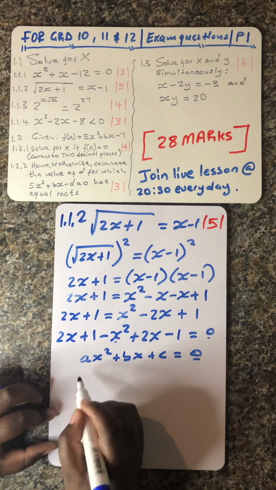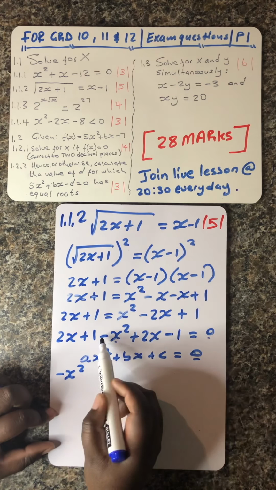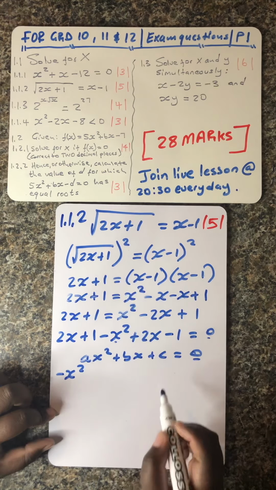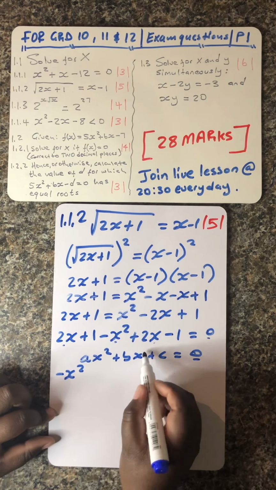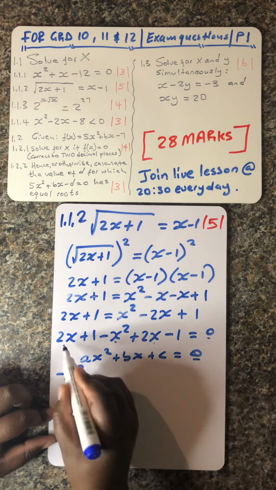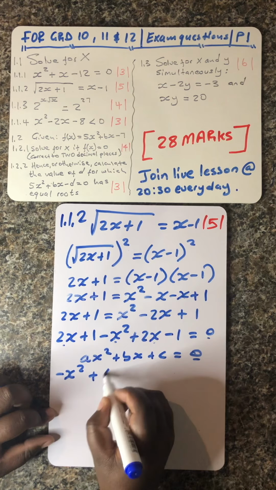Okay, so that means obviously it will be negative x squared. This is that negative x squared, and then you work out these values with x, just so that you can derive that bx. So 2 plus 2x is equal to 4x.